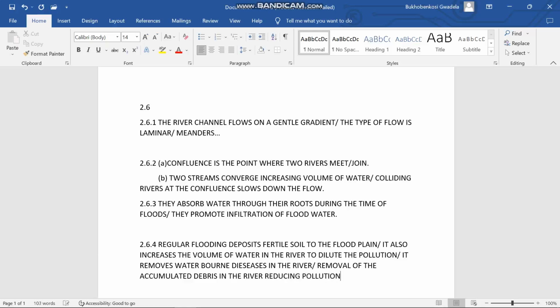You can also say that a large volume of water maintains the flow of the river.